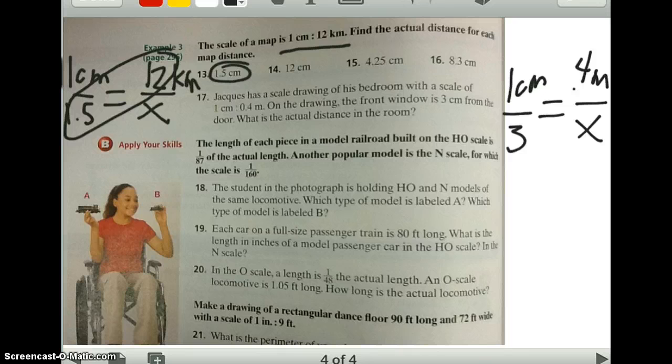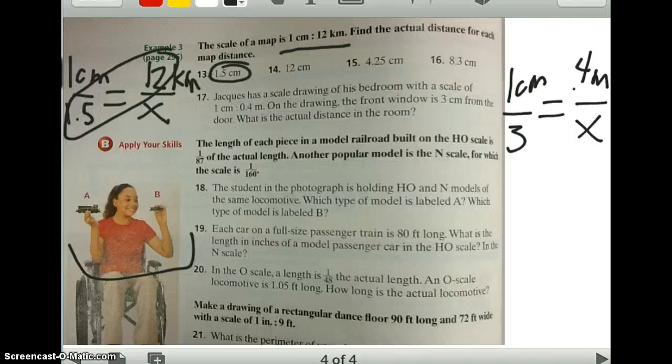18. The length of a piece in a model railroad built in the HO scale is 1/87th of the actual length. Another popular model is the N scale, for which the scale is 1/160. The student in the photograph, so here she is, she's holding two of the little engines.